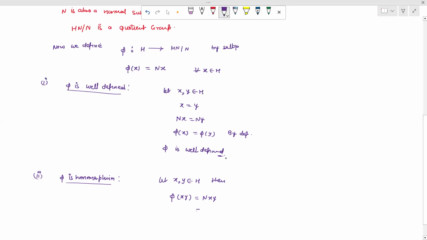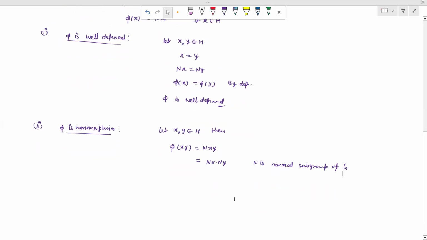So this Nxy can be written as Nx into Ny because N is a normal subgroup of G, by the definition of normal subgroup. So Nx can be written as phi x and Ny as phi y. So we can say that phi is a homomorphism.